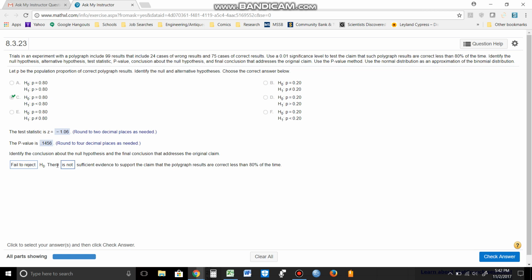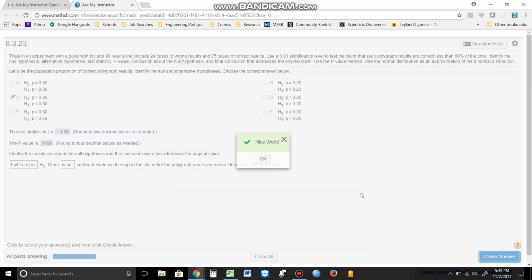So I accept that it's 80%. I run a test, and my aim is to knock down that thing that we accept to be true. In this situation here, my data was insufficient to do that. So I have insufficient evidence to unseat the null hypothesis.